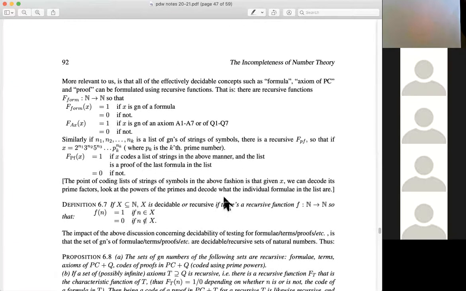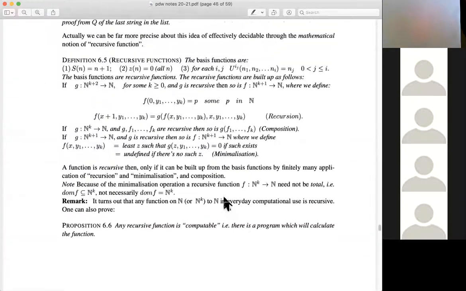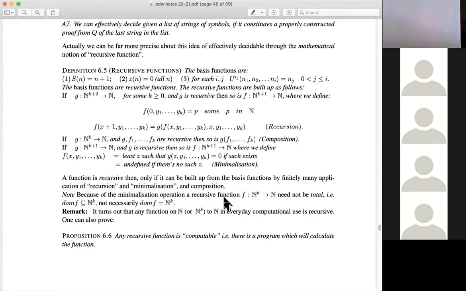So we also looked at, and I said you don't have to memorize these ideas, a mathematical definition of what it means for something to be effectively decidable: this collection of recursive functions. Recursive functions were built up using a successor function, a zero function, and a projection function, and using some idea of recursion.